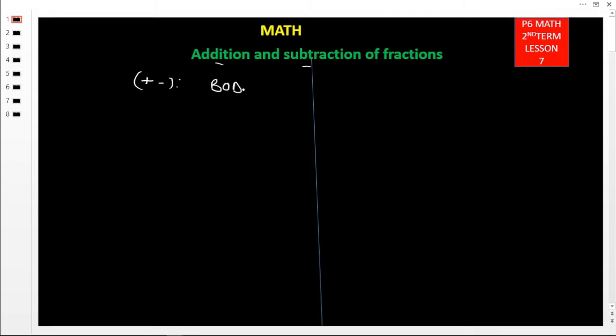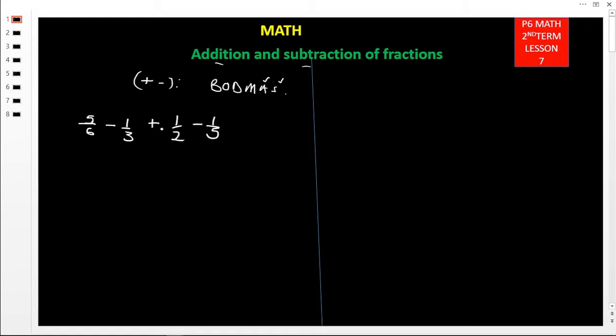This BODMAS is normally used when you have more than two different operation signs, like addition, subtraction, multiplication, and so on. So here we are now going to deal with addition and subtraction. For example, if we are given a fraction like 5 out of 6, then minus a third plus a half minus a fifth.